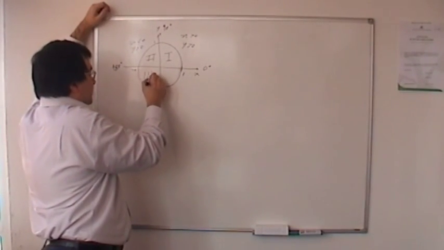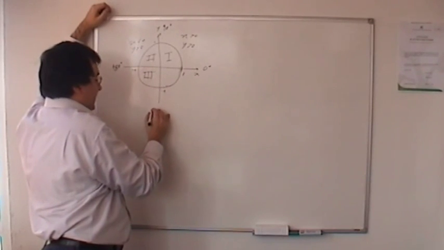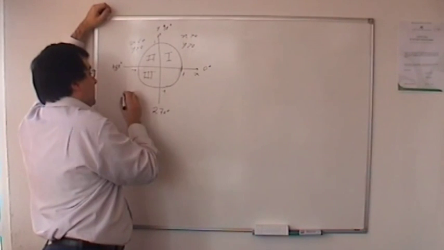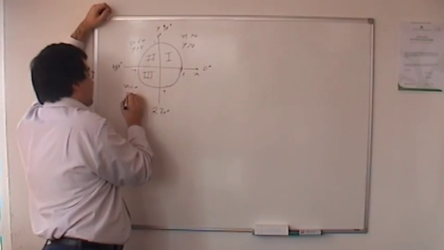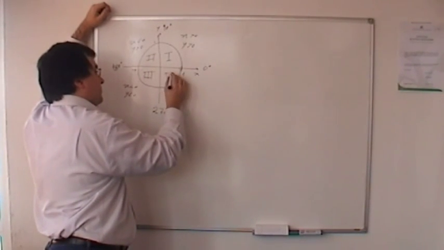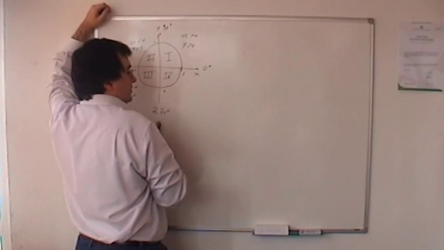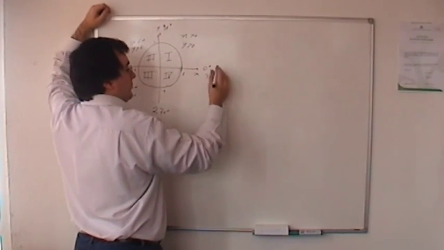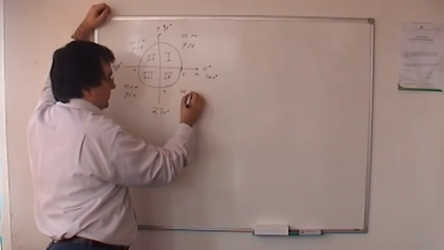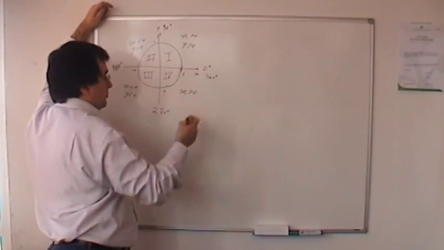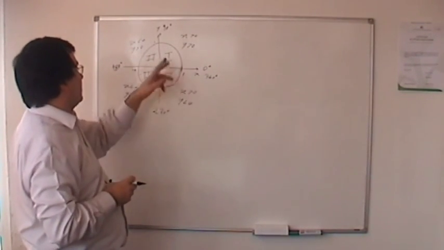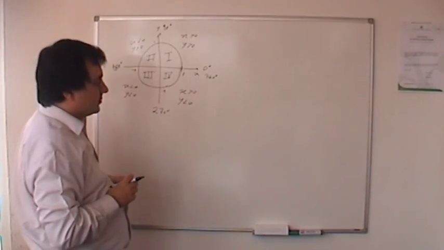The third quadrant will be between 180 and 270 degrees, and for values of x and y both negative. Finally, the fourth quadrant will be between 270 and 360 degrees, which is the same as 0, and for values of x greater than 0, so positive values, and y negative. So these are the 4 quadrants of the unit circle.